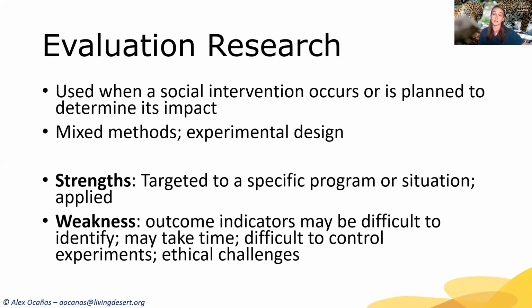Or another similar but different challenge is how exactly do you define success of an evaluation? Most of these evaluations are looking for success or failure. What can be improved? What can be changed? Was the intervention effective? What did it cause?